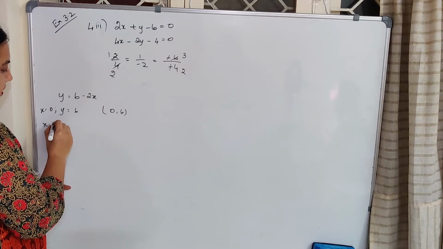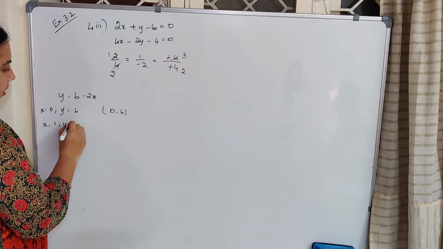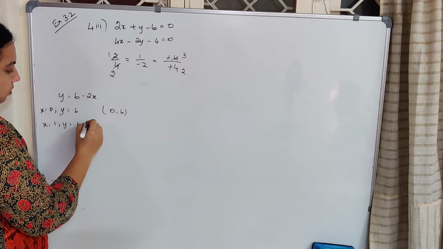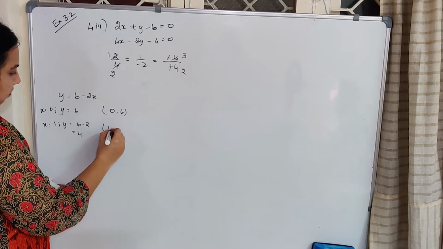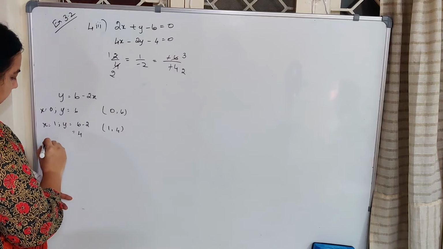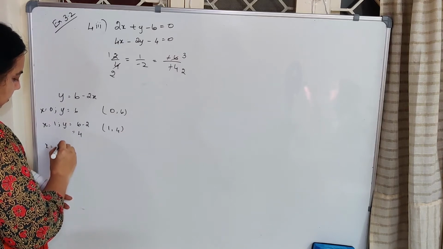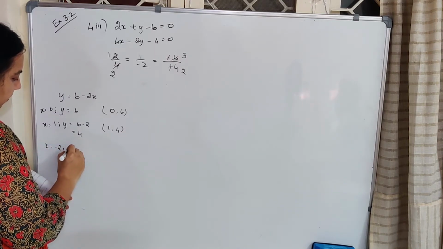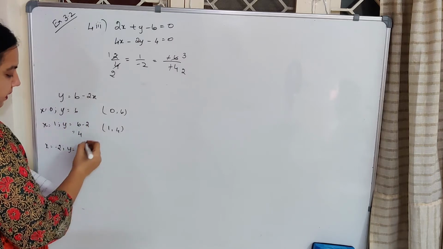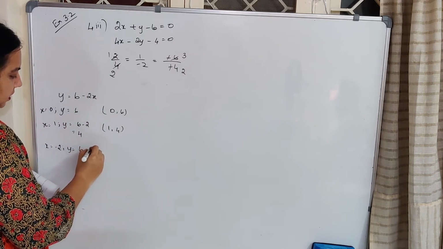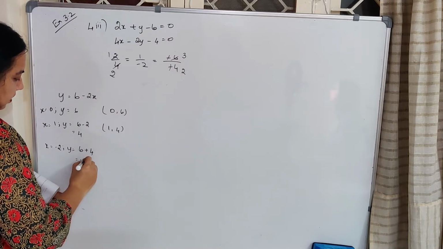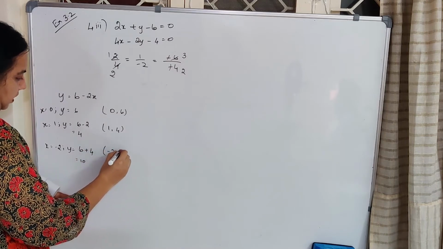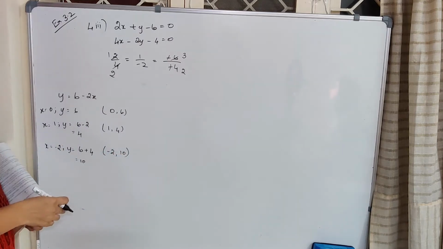When x value is 1, y's value becomes 6 minus 2. So that is equal to 4 and the point is 1, 4. When x value is minus 2, y's value becomes 6 plus 4 and that is equal to 10. So minus 2, 10. Okay, so I have 3 points now.